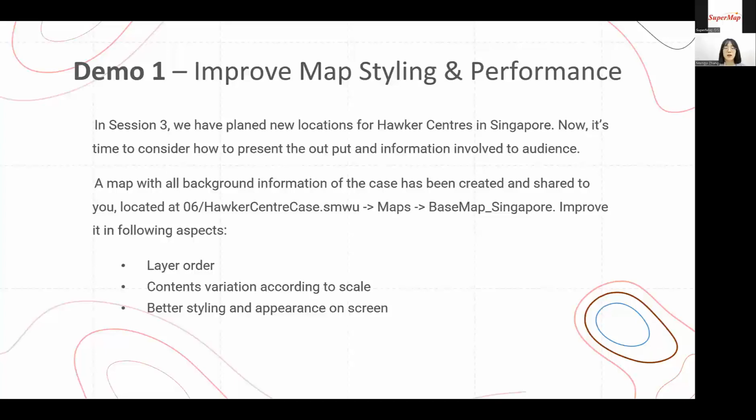Today we have provided you both the result data set of this project and a workspace connected to the data set, so that you can simply use the base map we already provided and improve its appearance according to what I just introduced.